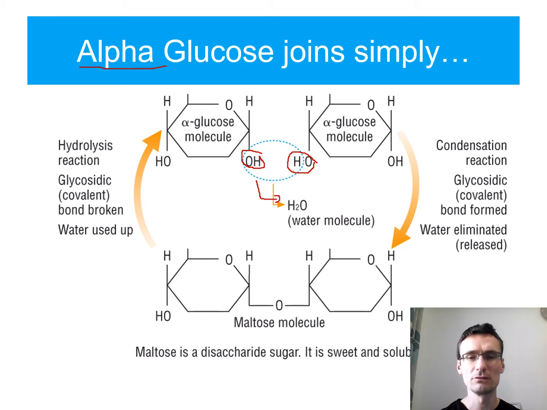A water molecule comes out, leaving 1 oxygen to link the two together, because it has a valence of 2, which means you can have 1 bond to carbon 4 there and 1 bond to carbon 1 there. Because that's carbon 1 and that is carbon 4, we call this a 1,4 glycosidic bond. And when we break that bond, we add water into it in a hydrolysis reaction.